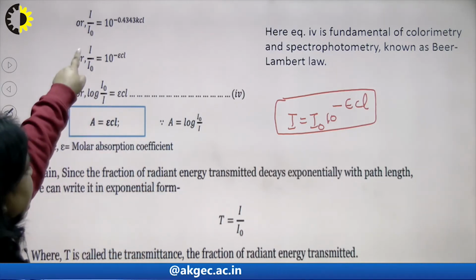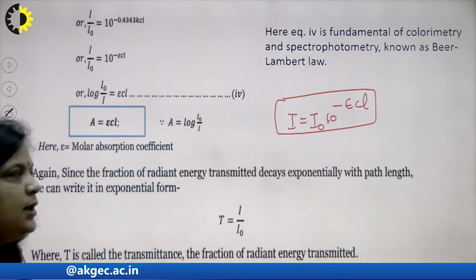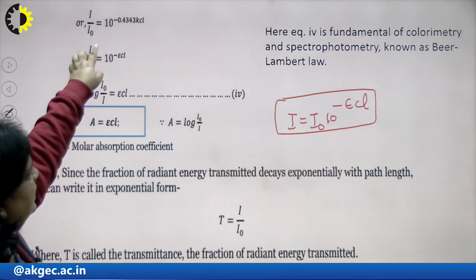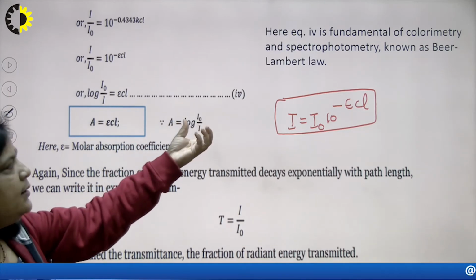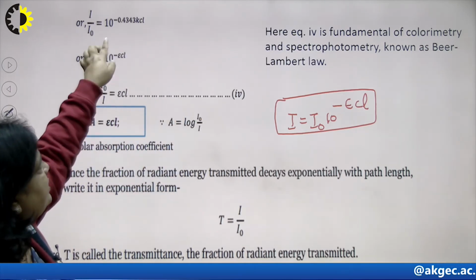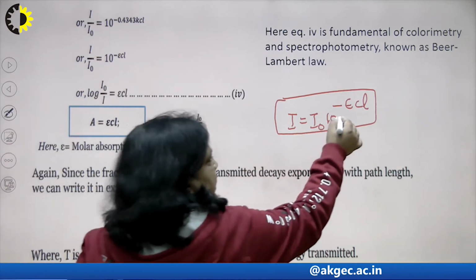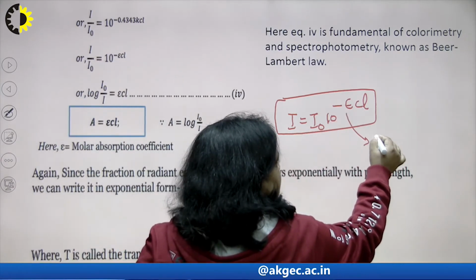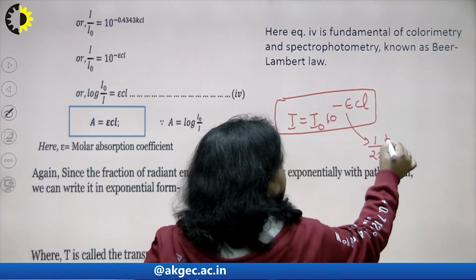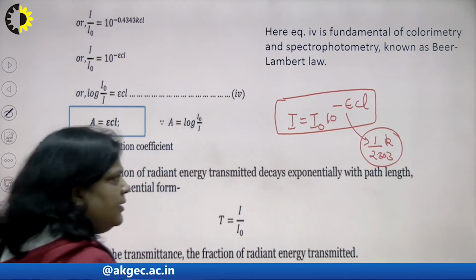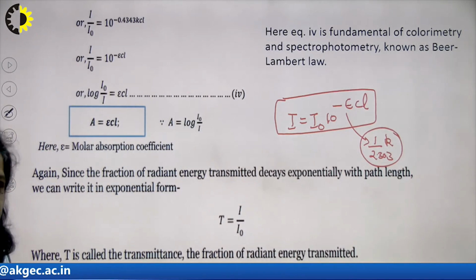So we can write I is equal to I naught 10 to the power minus epsilon Cl, where epsilon is 1 by 2.303 and the overall value of k. So, I upon I naught is equal to 10 to the power minus epsilon Cl.